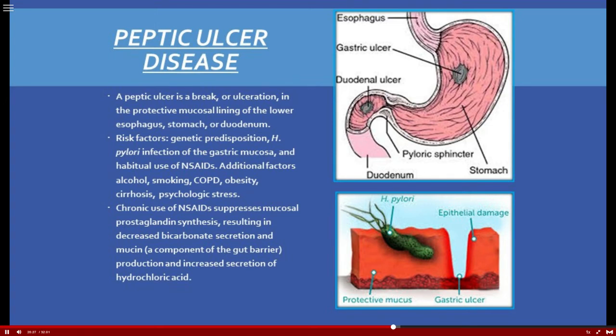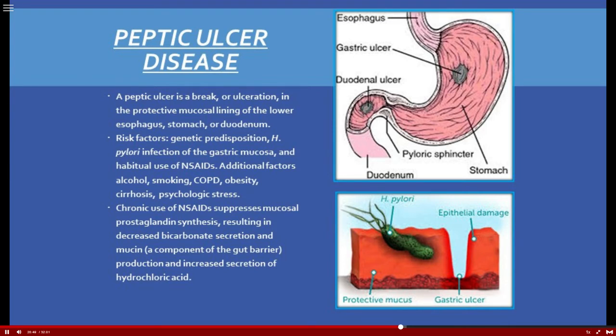All right, so H. pylori, infection of the gastric mucosa. One of the causes of an increased risk for H. pylori setting up shop in the stomach or the duodenum, particularly in the stomach, is the habitual use of NSAIDs. NSAIDs are what we call ibuprofen, right?